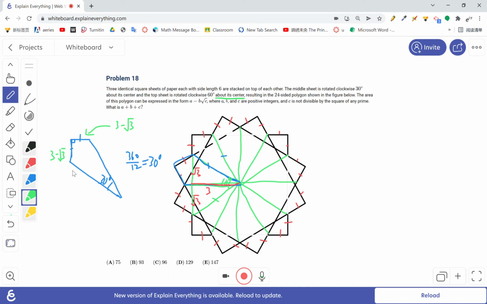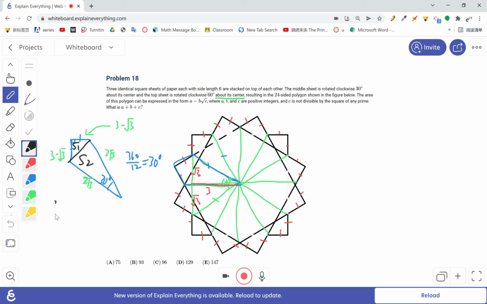This length is basically 2 times the square root of 3, because we can see that this is the special right triangle by looking at the ratio of the special right triangle. Then we can find this length is 2 root 3. And indeed, because it's a kite, it will also be equal to this length. So now the only thing left for us is to draw a line from here to here, and label this S1, S2 to make it more organized.